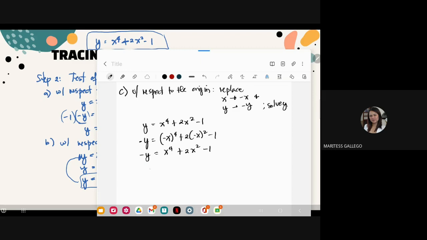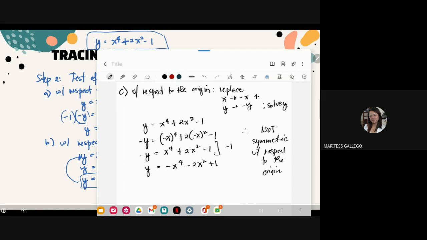And then we multiply now our equation by negative 1. So you have now positive y is equal to negative x raised to 4, 2x squared plus 1. So the resulting function is not the same with the original one. So therefore, it's not symmetric with respect to the origin.